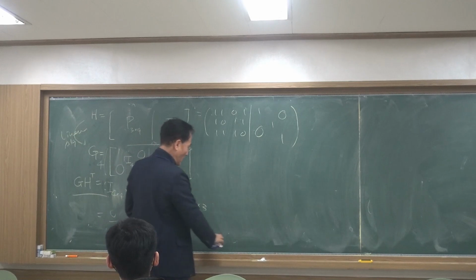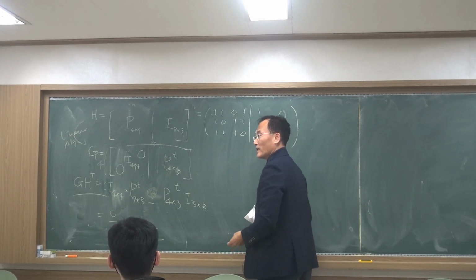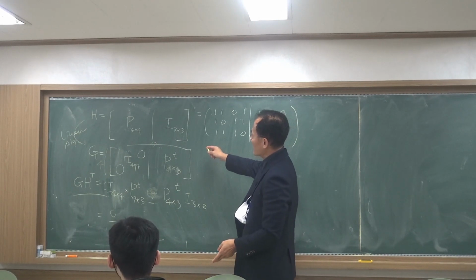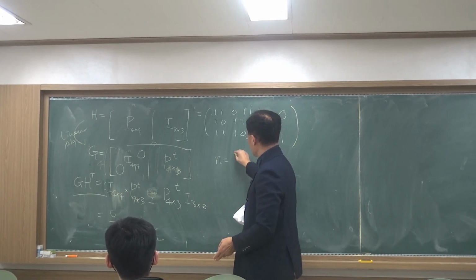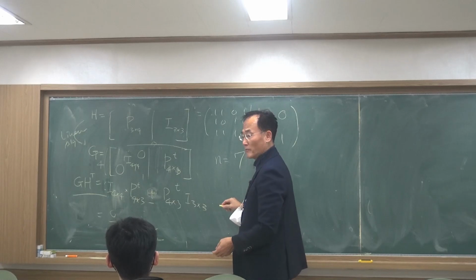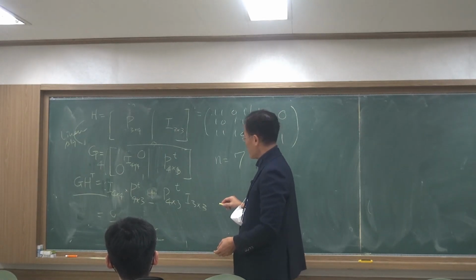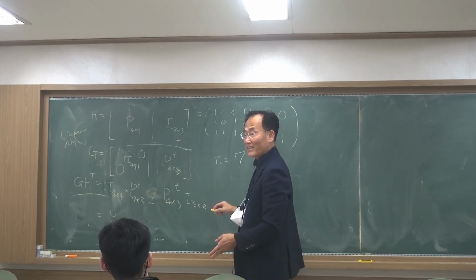So once you have done that, in this particular case, what was the length of the code, which is n equal to 7, right? What is the number of messages, or what is the length of the message vector?